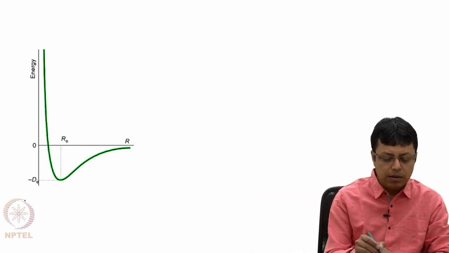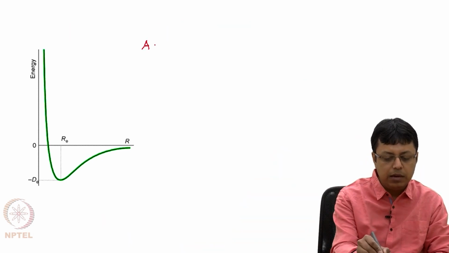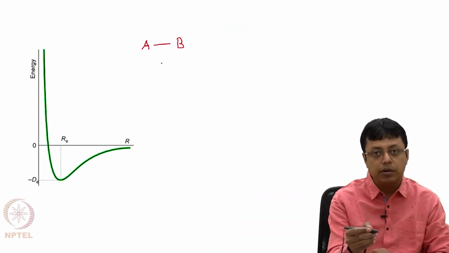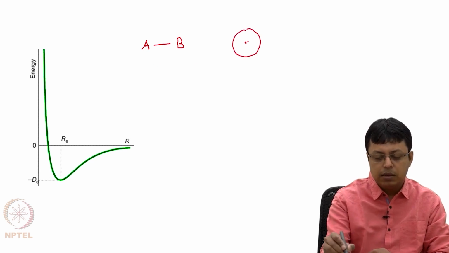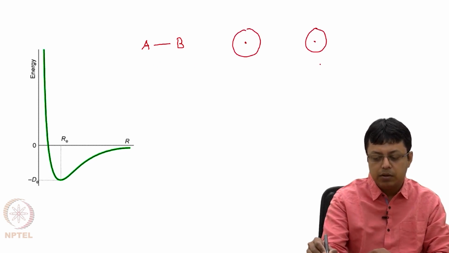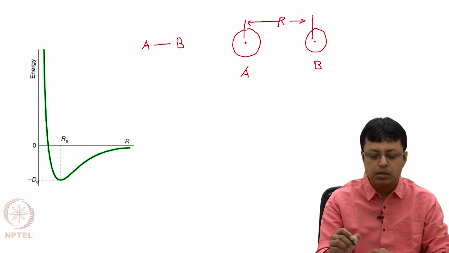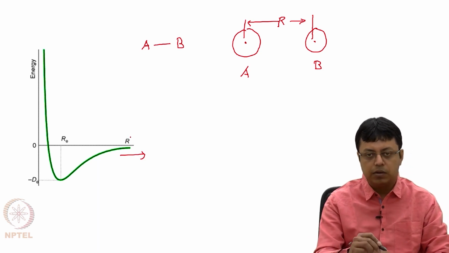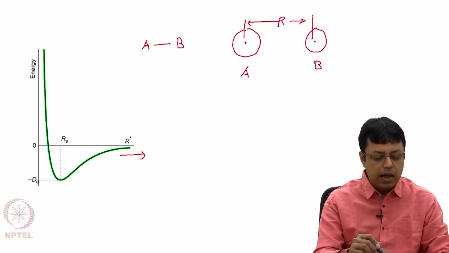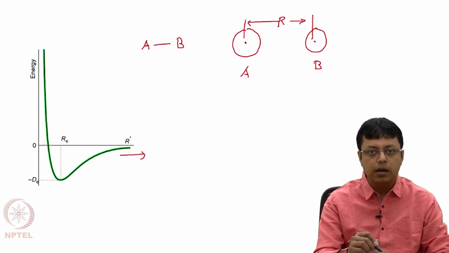Suppose I have A and B, two atoms, and I am talking about the internuclear separation. Let me draw it like this: this is the A atom and this is the B atom, and we are talking about this distance, known as the internuclear separation, the separation between the nuclei of these two atoms, plotted along the x-axis. Along the y-axis we plot the potential energy as they are brought closer together.